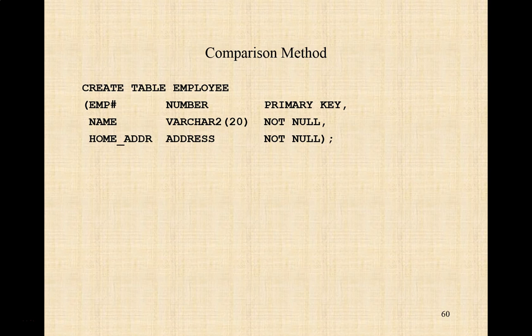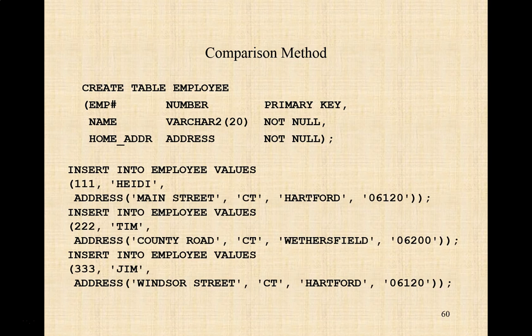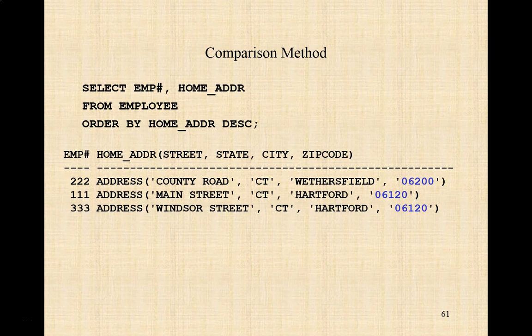Here we're creating the employee table where the home address column will hold a column object. We populate this table calling the constructor 3 times. 3 column objects will be instantiated. Next, we use an SQL select statement to retrieve the data from the table, but the result is to be sorted or ordered by the value in the home address column.